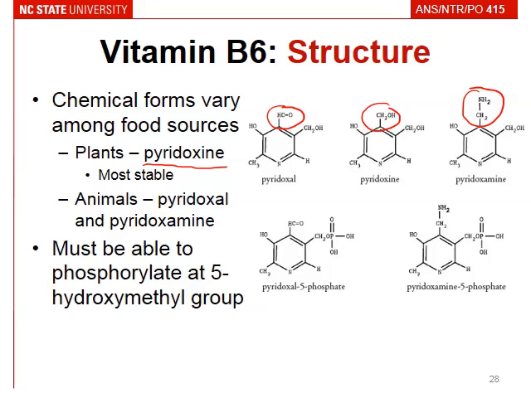So here we need to be able to add a phosphate group onto there, and then we're able to call it a fully functional B6. So definitely know that at the 5-hydroxymethyl group, we need to add a phosphate molecule onto it to make it active.